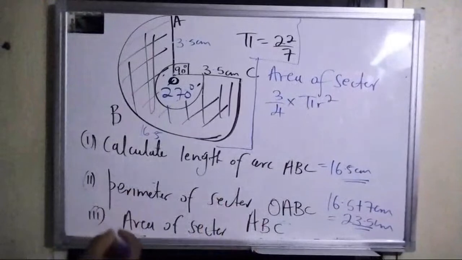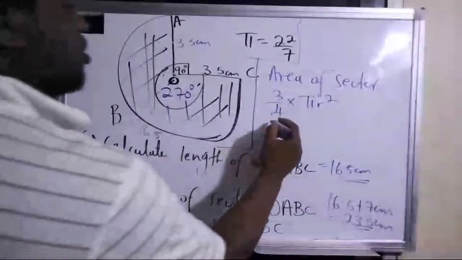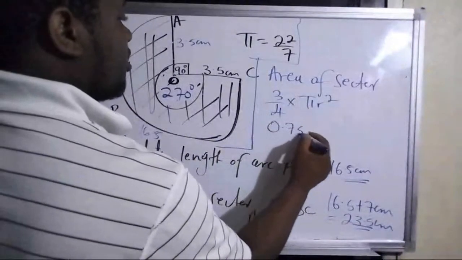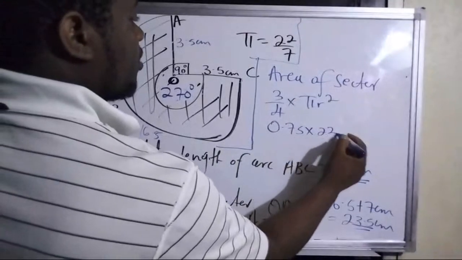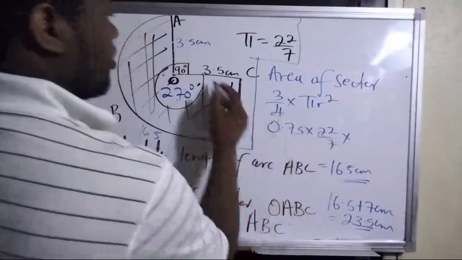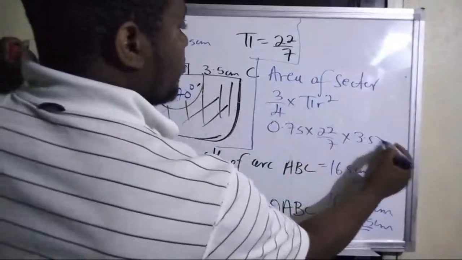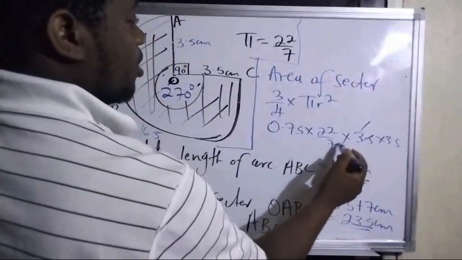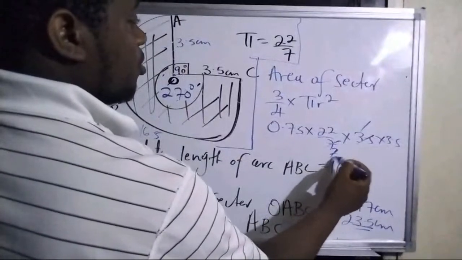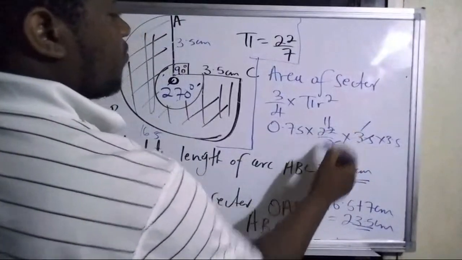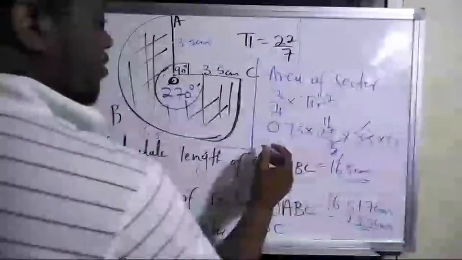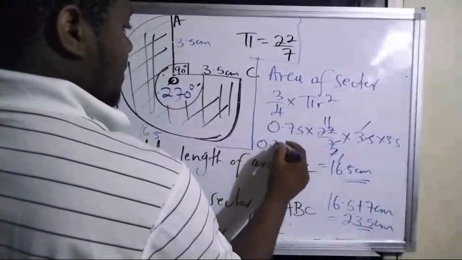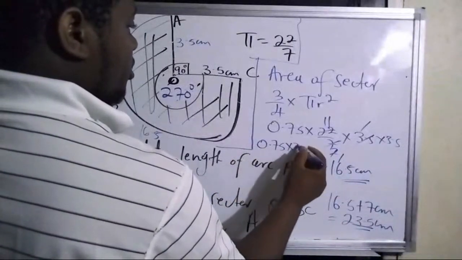Alright, so let's find the area for the circle. So this would be 0.75 as a decimal, times pi 22 over 7, times the radius, which is 3.5 times 3.5. Alright, this into this 1, this into this 2, 2 into this 1, 2 into this 11. So that's 0.75 times 38.5.